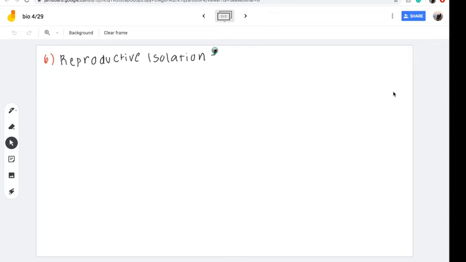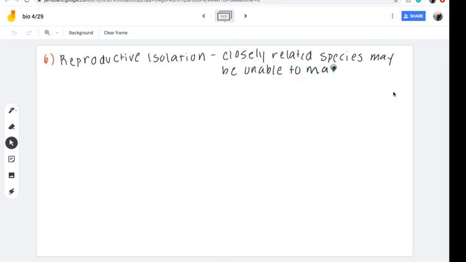This refers to when closely related species may be unable to mate because of anatomical incompatibility.